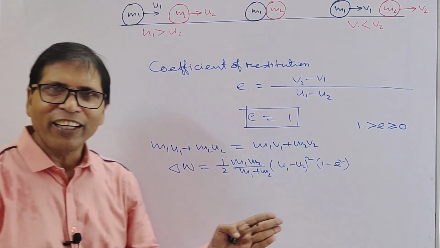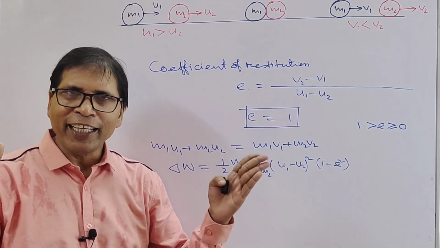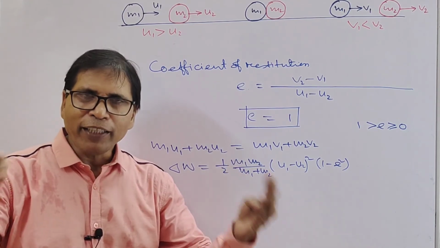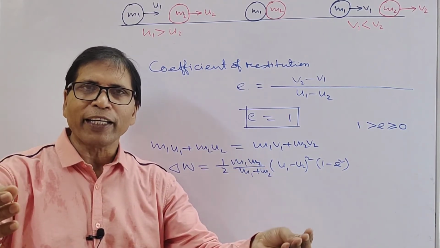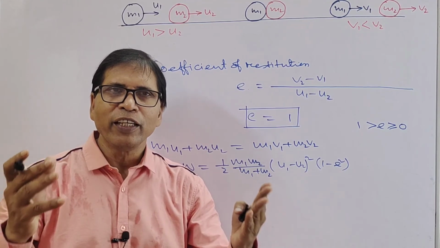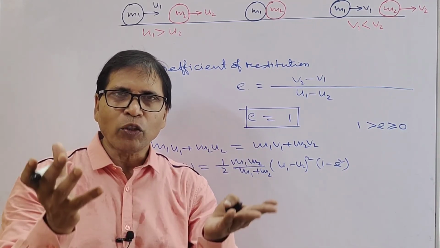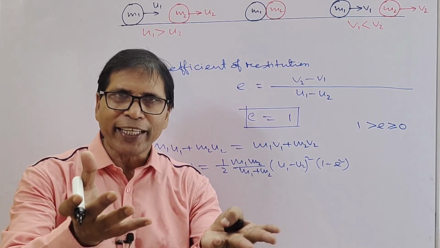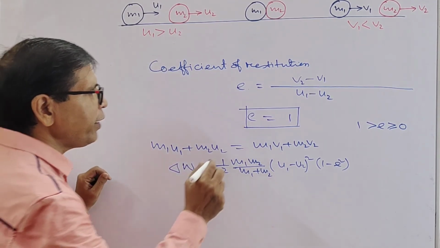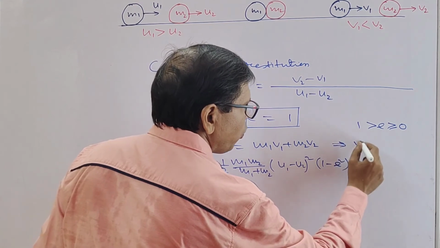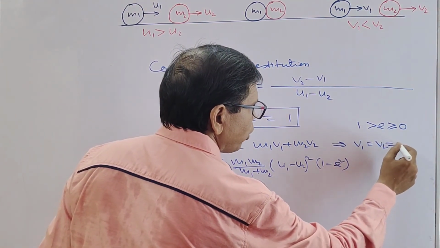Okay, understood? Now perfectly inelastic collision: the collisions in which the two colliding particles merge with each other, that is, the two particles coalesce. Therefore in this case v1 equals v2 equals v.